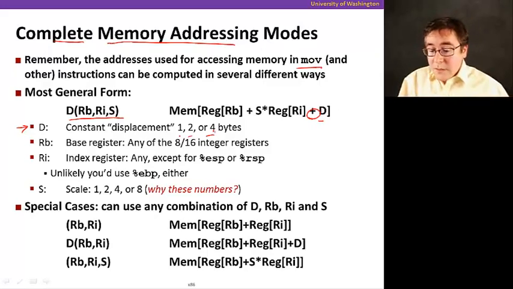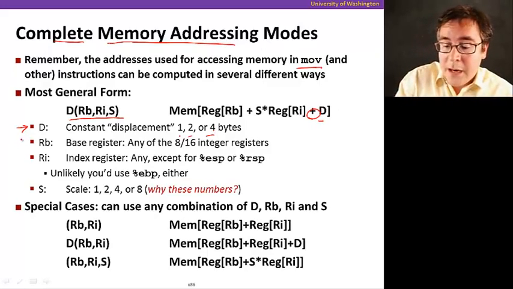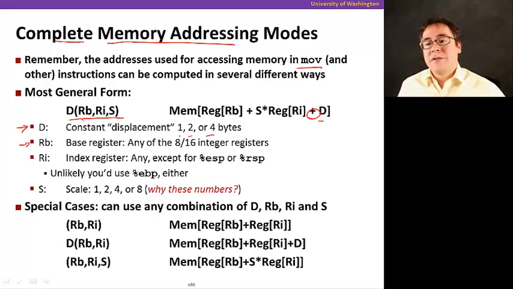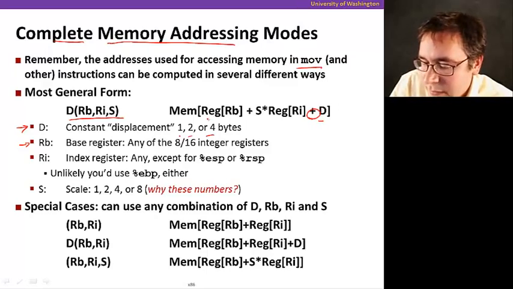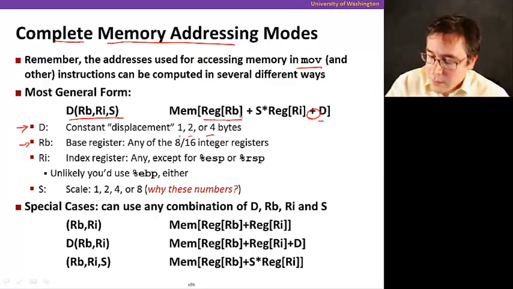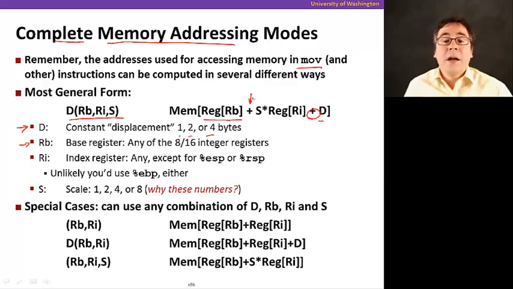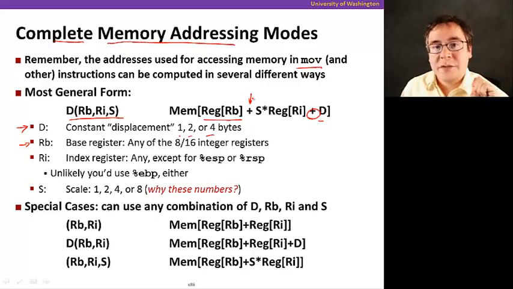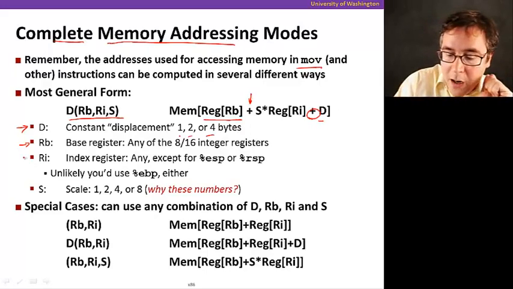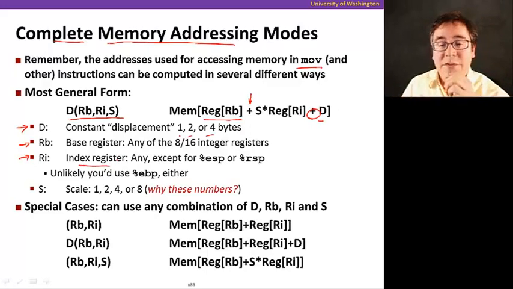The other parameter, RB, is a base register. It's called a base register because we're adding to that reference point. That's the base register where our address starts to be computed from. RI, also called the index register, is used for things like arrays.